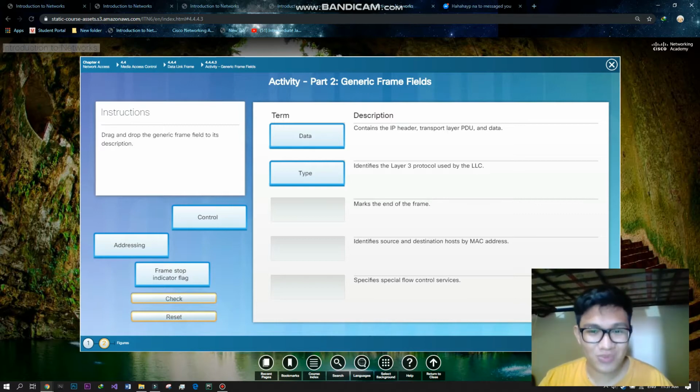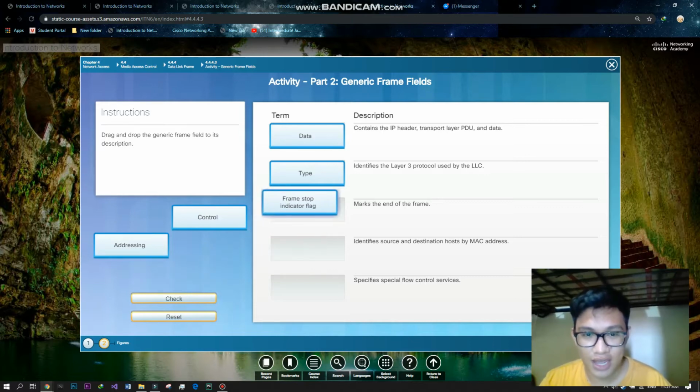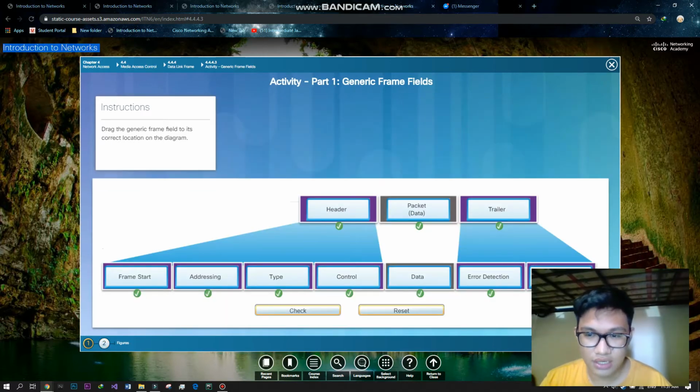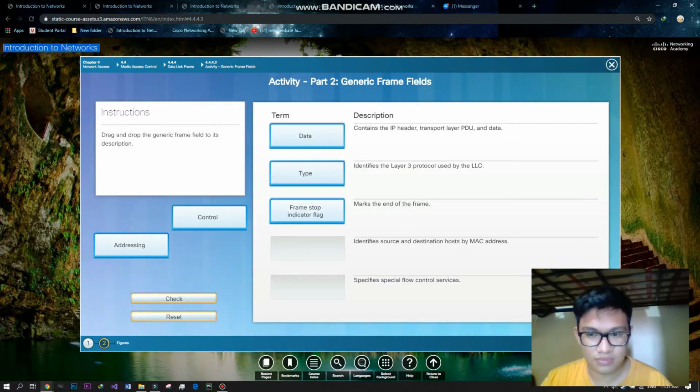And the third one marks the end of the frame. Of course, the frame stop indicator flag. As you can see here, it's blocked by this. So number 4 is identify source and destination host by using MAC address.